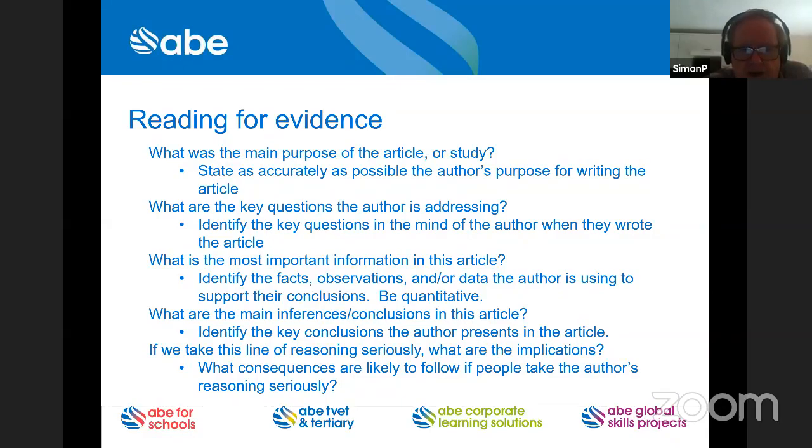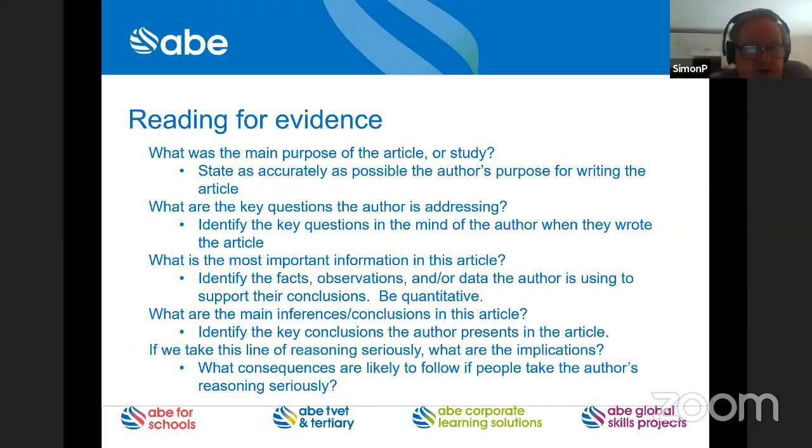So again, interrogate the sources and say, what's the main purpose of the study? What's the goal that the academic has set in order to discover the conclusions?